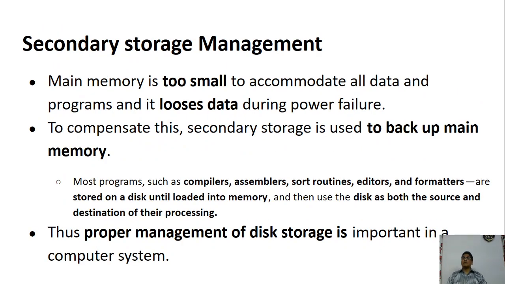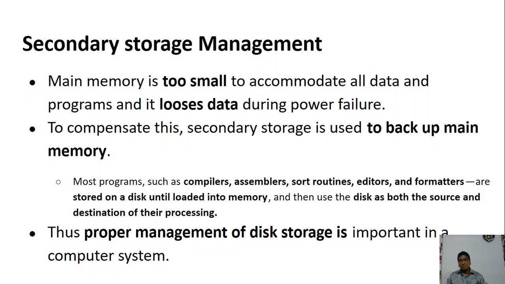Now let's look at one other component, and that is the secondary storage management system. We know very well, if you compare your primary storage, that is RAM, with your secondary storage, that is your hard disk, your hard disk is 1 terabyte, and your RAM, maybe if you are lucky enough, is 16 GB or 8 GB or 4 GB.